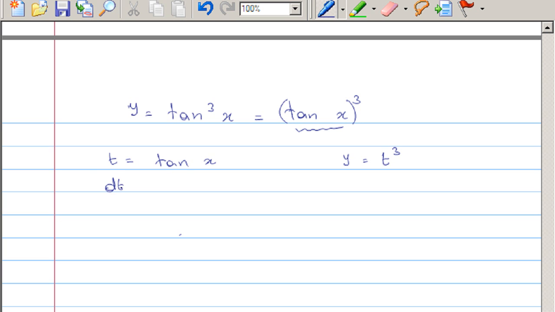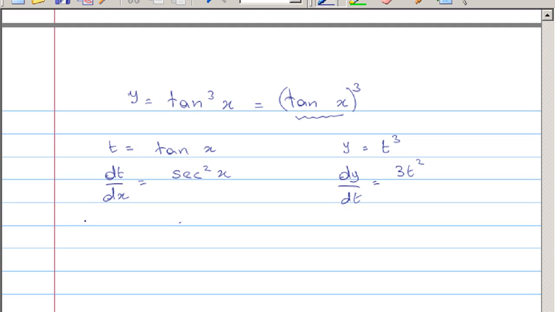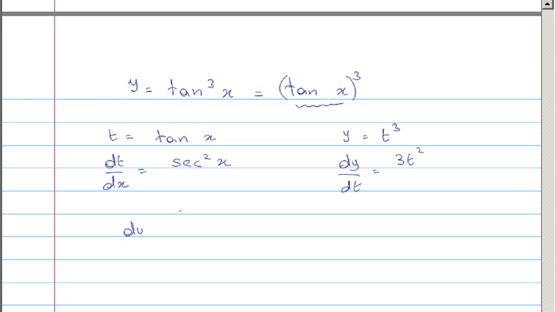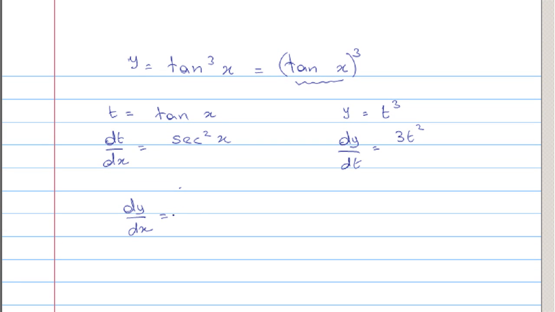Then I take dt over dx. Now dt over dx, the derivative of tan x, is sec squared x. So that gives sec squared of x. And dy over dt would be equal to 3t squared. And then using the chain rule, I can say that dy over dx is equal to dy over dt times dt over dx.